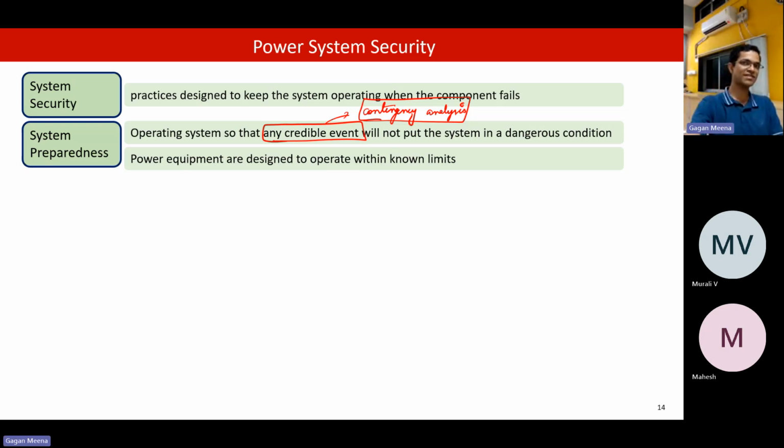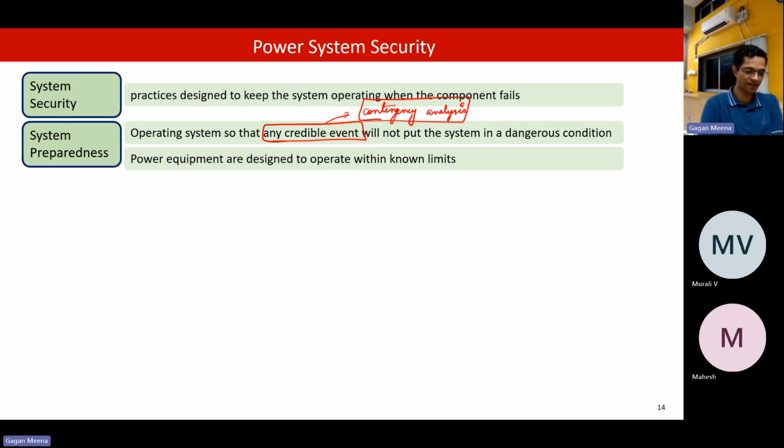Once we do this contingency analysis, we get to know which events are very important, and if they occur, they can have a major impact on the system. Those events will be filtered out and studied in more detail. Contingency analysis generally is done beforehand, not on a real-time basis.